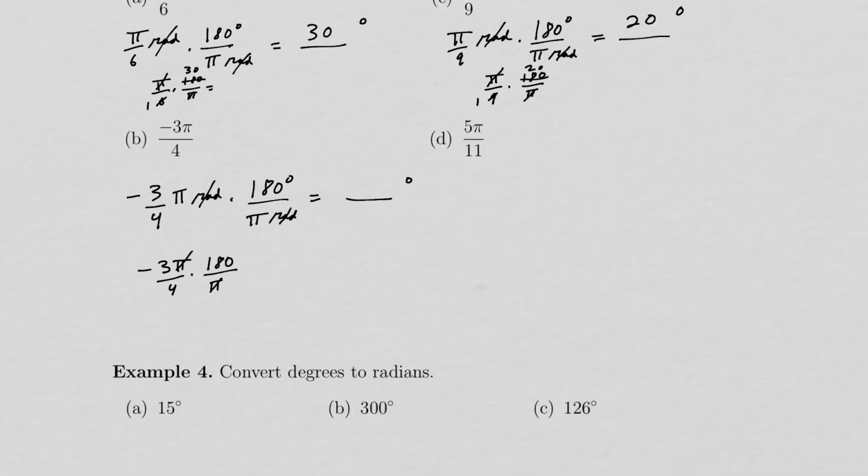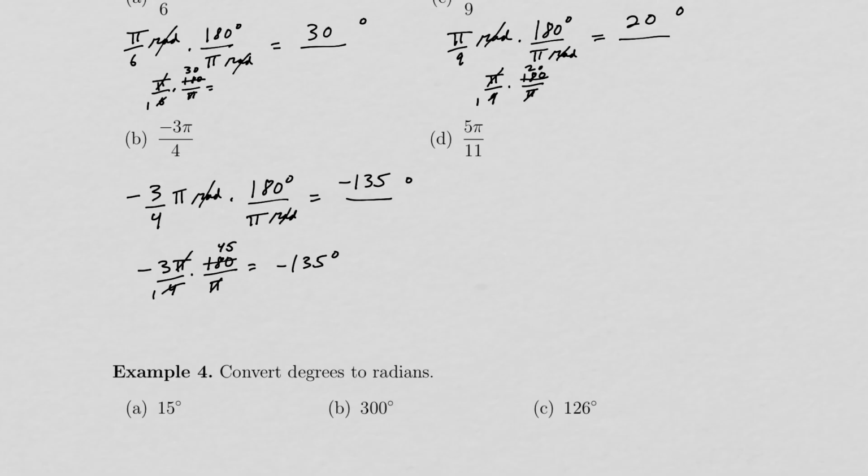Pi's cancel. I guess, let's see, 4 goes into 180 45 times, I think. Yeah, 45 times. And then negative 3 times 45 is negative 135 degrees. Over 1, so it's just negative 135.